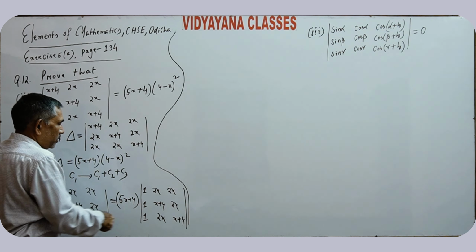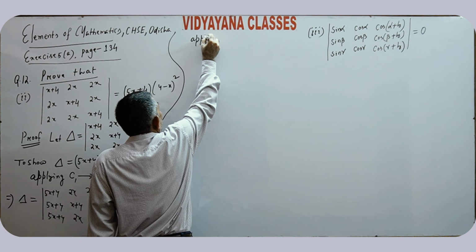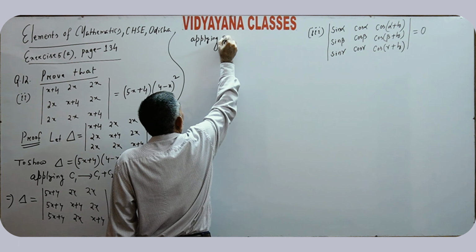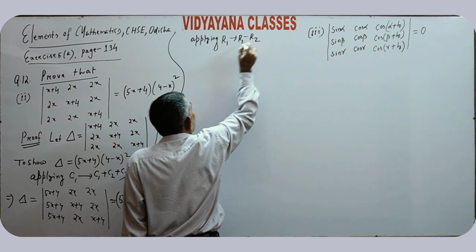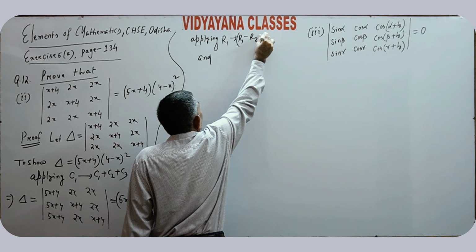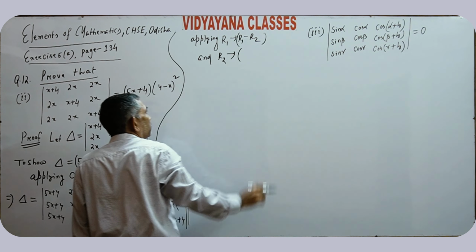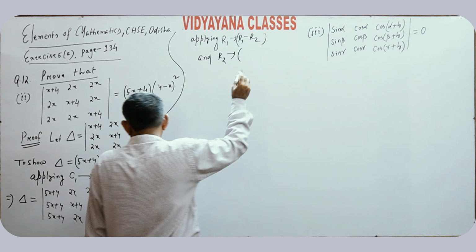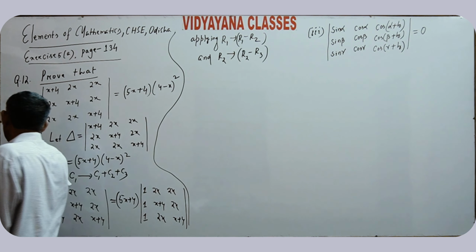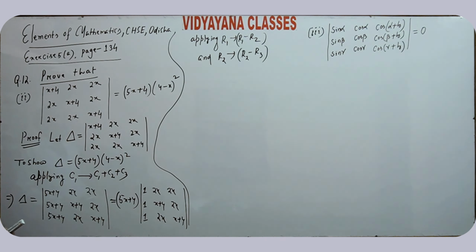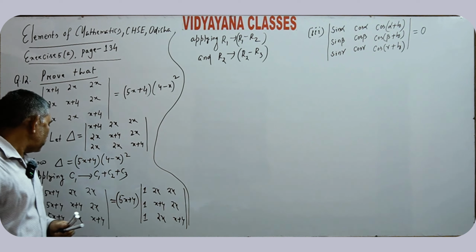This is same as this. 1 minus 1, 0, 1 minus 1, 0. So applying row 1 replaced by row 1 minus row 2 and row 2 replaced by row 2 minus row 3.